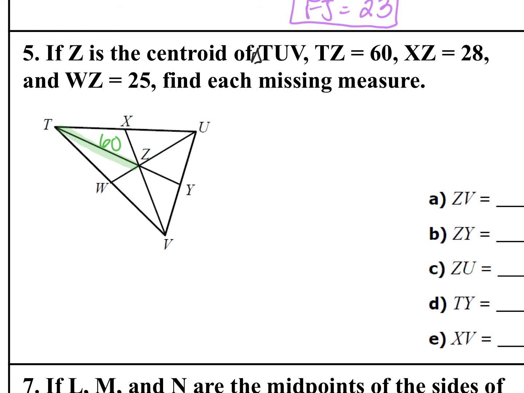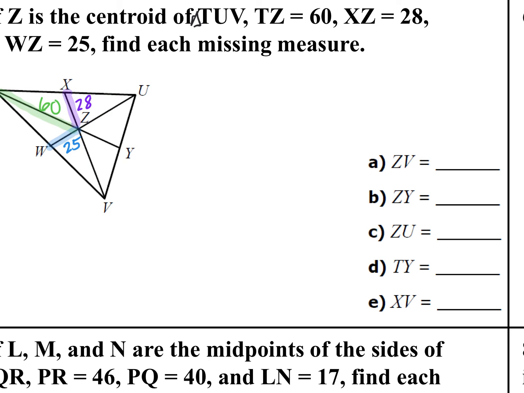Now I am also given that XZ equals 28. And lastly, I am given that WZ is 25. And we're going to find all of our missing information.